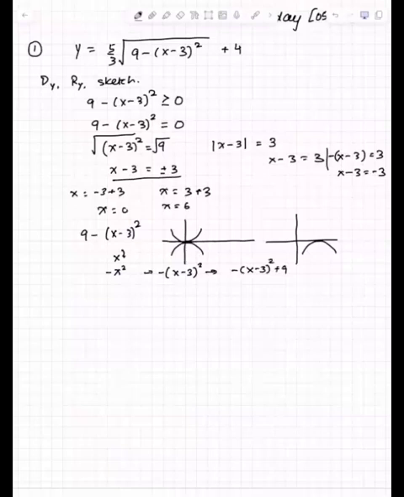Correct. And so we get this graph. Okay. But the x-intercepts were at 0, so my graph is kind of wrong.